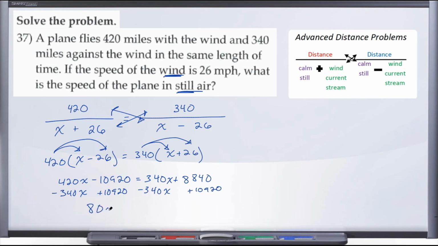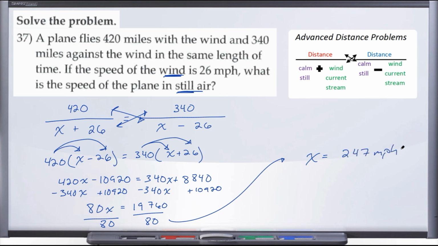Well, that gives us 80x equals, and now 8840 plus 10,920 is going to give us 19,760. And lastly here, if we want to solve for x, let's divide by 80, divide by 80. And so x, the speed of the plane in still air, is 247 miles per hour. And there you have it.